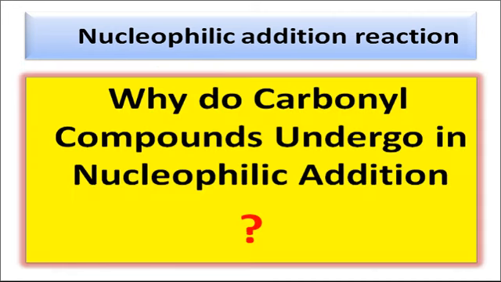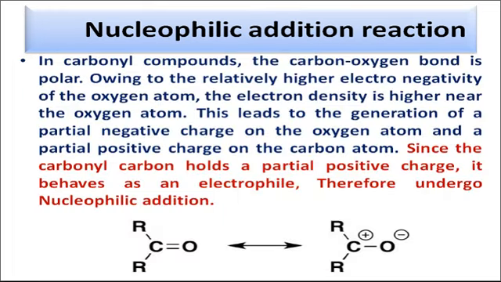Now, the question comes, why do carbonyl compounds undergo nucleophilic addition? Because in carbonyl compounds, the carbon-oxygen bond is polar. This bond is polar due to the higher electronegativity of the oxygen atom. The electron density is higher near the oxygen atom.